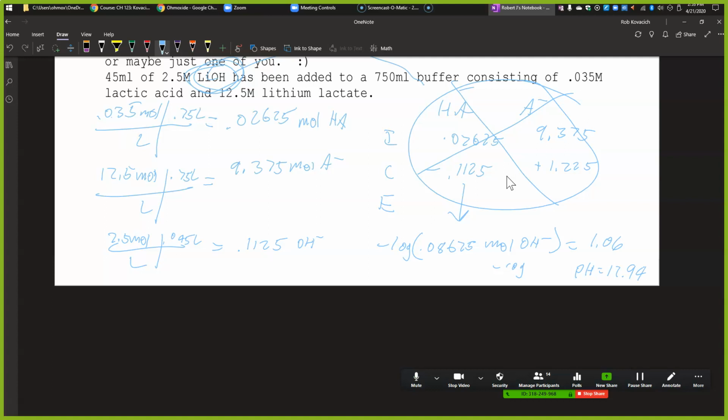So that 0.08 number, didn't that end up being negative? No, because you have to think about what we're doing here. This is the amount of weak acid that's in the solution, and this is the amount of base that was added to the solution, and this number is the leftover base that wasn't reacted with.